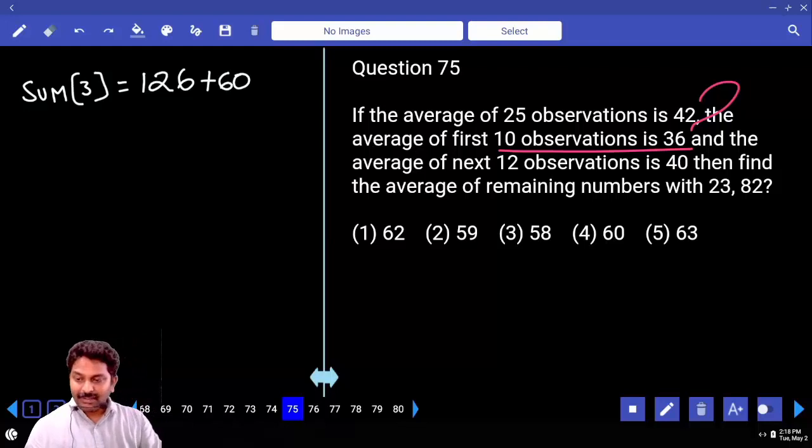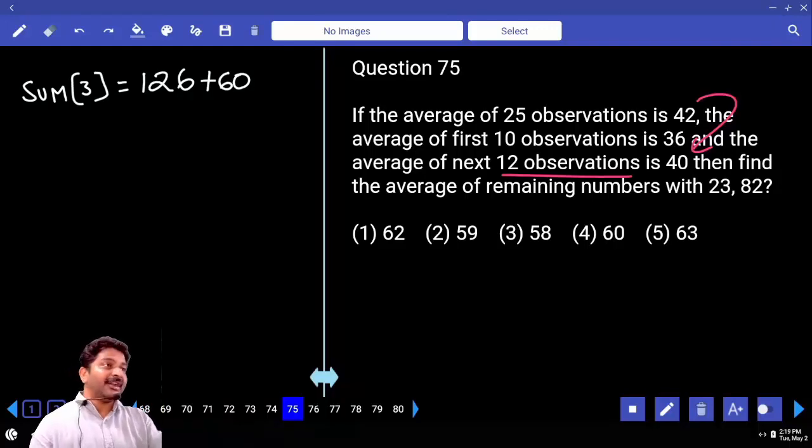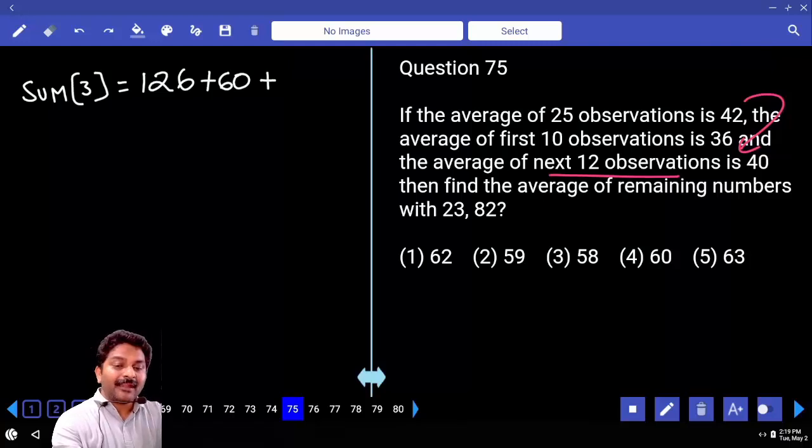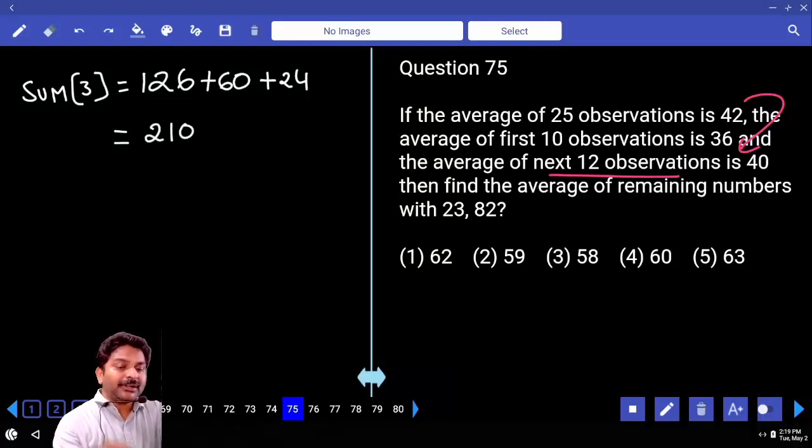Numbers are missing, so we have to add 60 here. Next, for 12 numbers the average is 40. With respect to the original average, is 40 more or less? How much? Like that, how many numbers are less? 12 into 2, 24 less. There it was less, so here what should we do? Add 24. So the sum of these 3 numbers is 126 plus 24, 150, plus 60, 210.